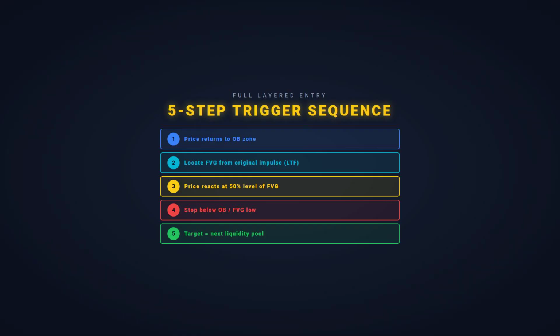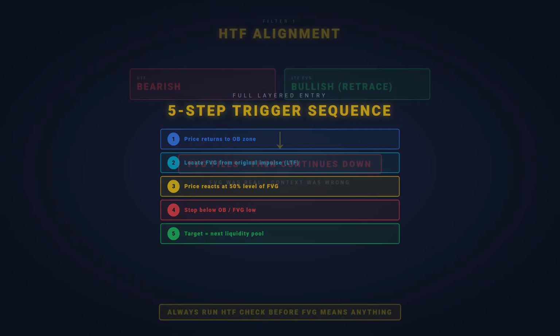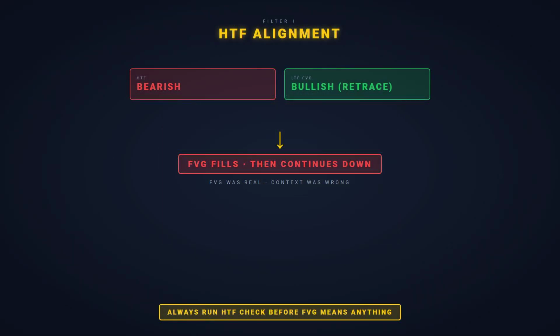Now let's talk about when an FVG is valid and when it's a trap. Because the filter is what separates this from being a random 3-candle pattern you trade every time you see it. Filter 1. The FVG must be aligned with the higher time frame structure. A bullish FVG is only a valid entry trigger if the HTF bias is also bullish.